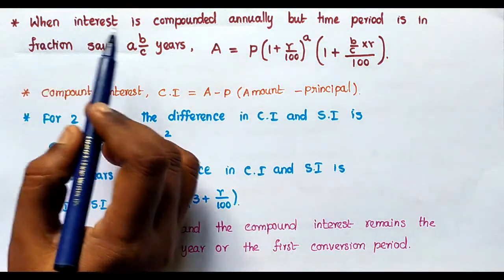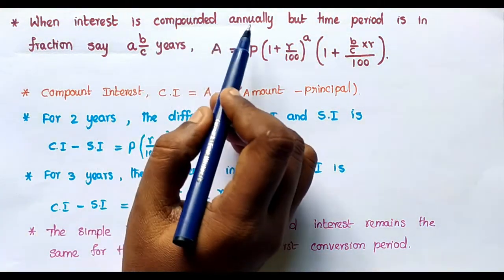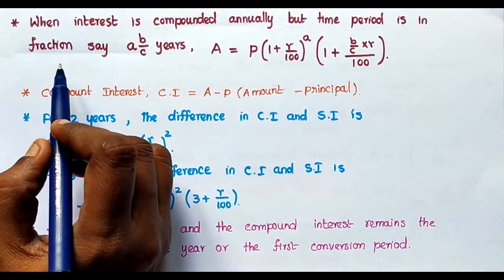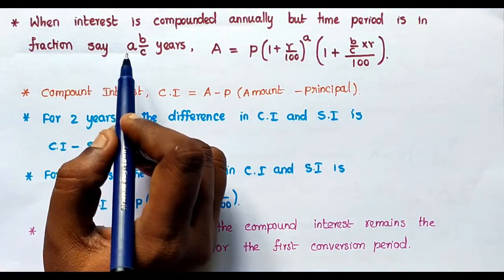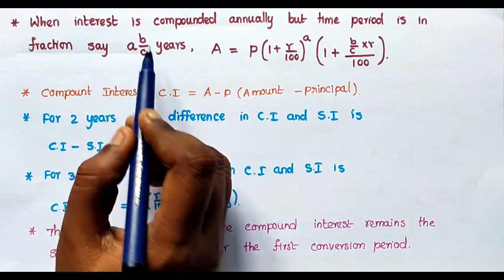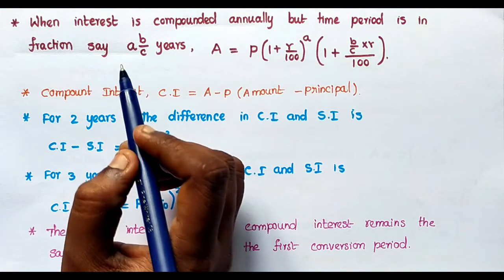Next, when interest is compounded annually but the time period is a fraction, say a b by c years, that is a mixed fraction, right?